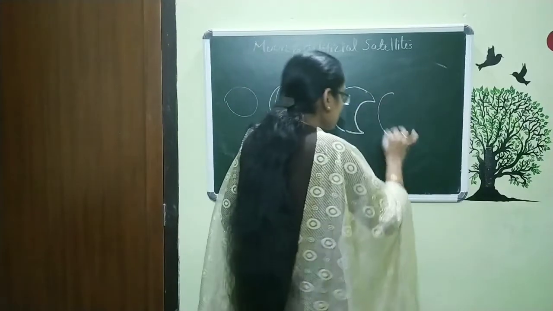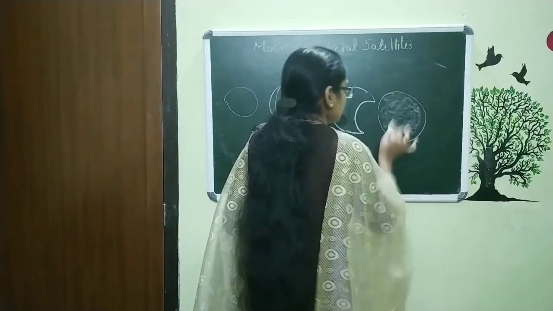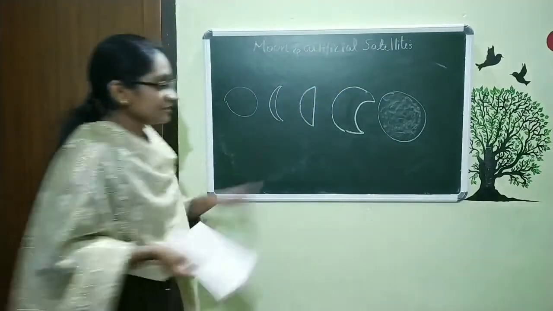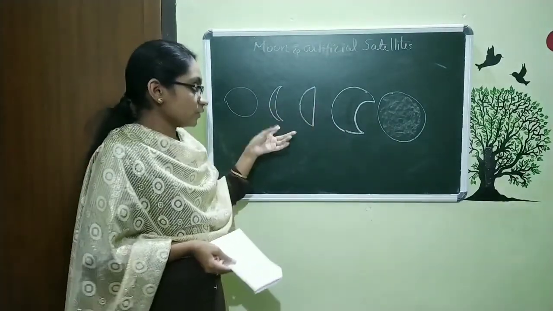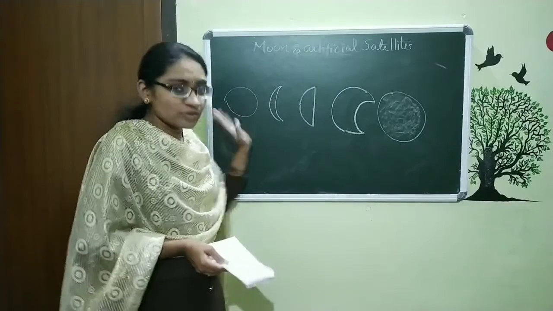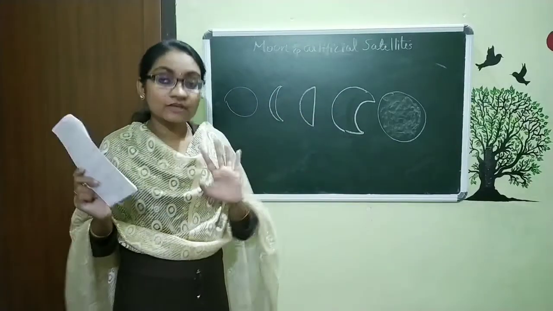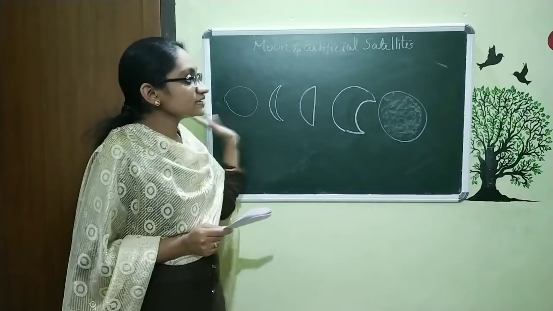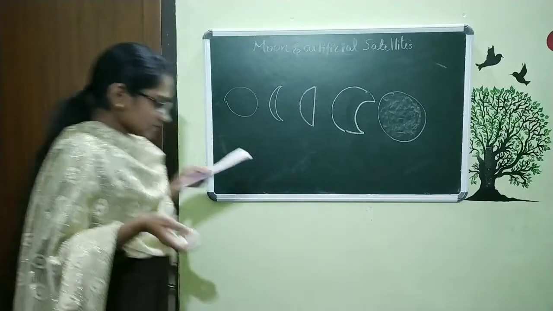Then the full moon occurs. Then again this repeats: the gibbous moon, half moon, crescent moon, and no moon, that means new moon. Like that, all of this will repeat within the month. So these are the phases of moon. Very simple.